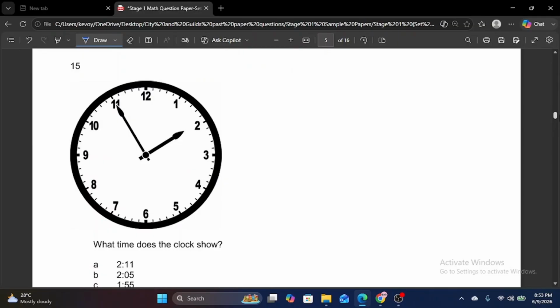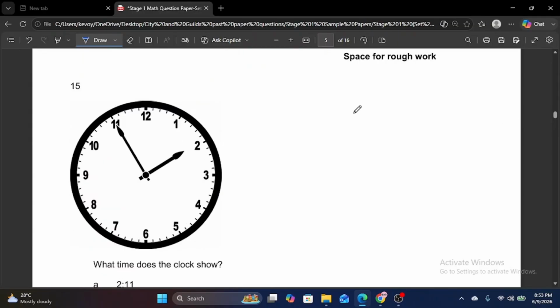So what time is shown on the clock? This clock right here is approaching 2 o'clock, but it's not yet 2 o'clock. So I am going to look at the minute hand and the hour hand. Even though it's approaching 2, if you look at it closely, it's still not yet at 2.